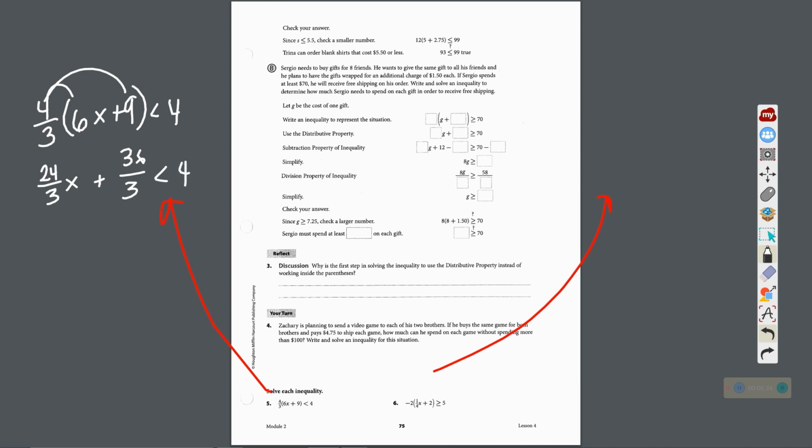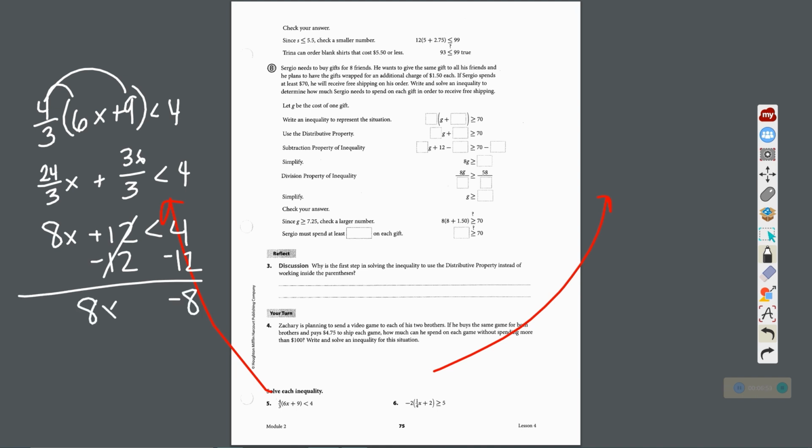Then we're going to simplify those fractions. 24 divided by 3 is 8. And 36 divided by 3 is 12. So far I have not multiplied or divided by any negatives, so everything stays where it's at. Subtract 12. That leaves me with -8. Keep the symbol facing the same way. We're dividing by a +8, so it remains facing the same direction. And x is less than -1.